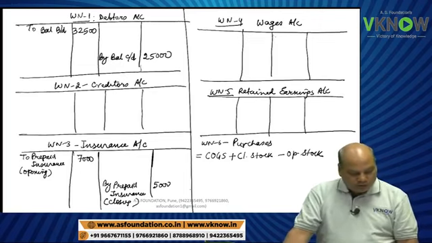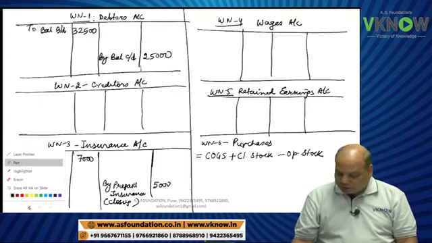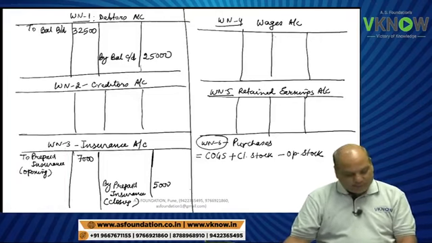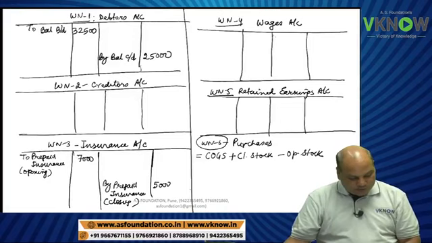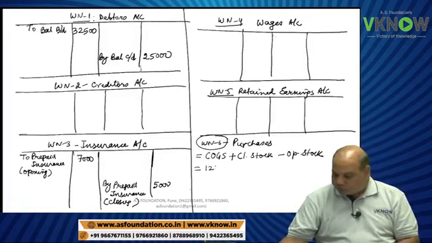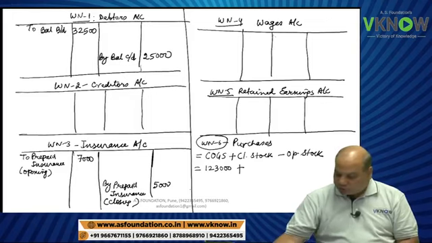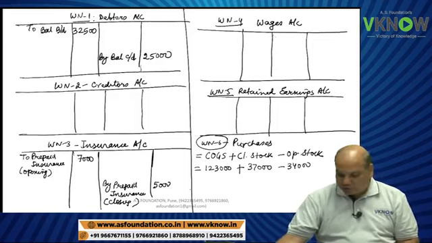Next point is inventory. I will use inventory for finding the purchases. Working note 6 on the right side. Cost of goods sold given below in P&L account is 1,23,000. Closing stock is 37,000. Opening stock is 34,000.